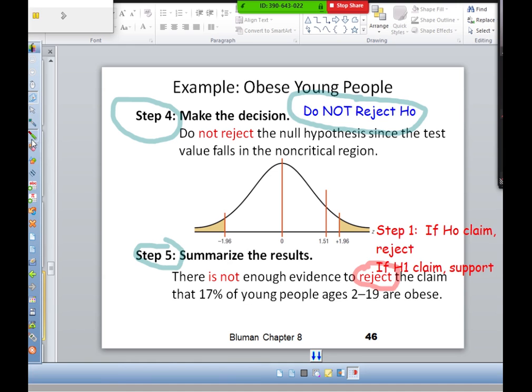This other piece over here, the is and is not, rests entirely upon step 4.